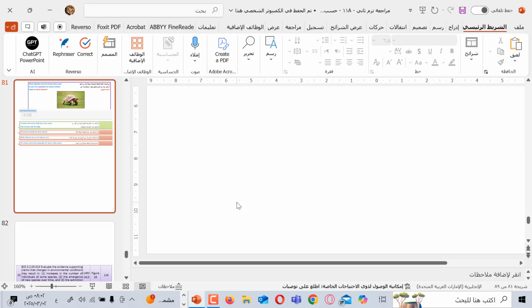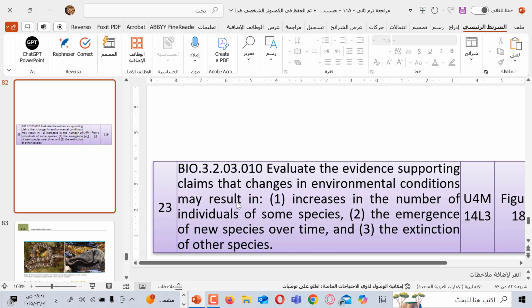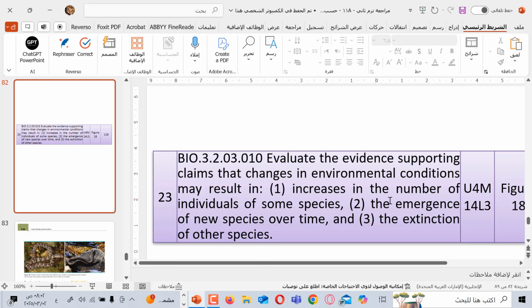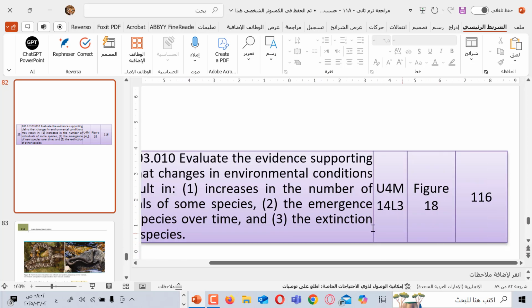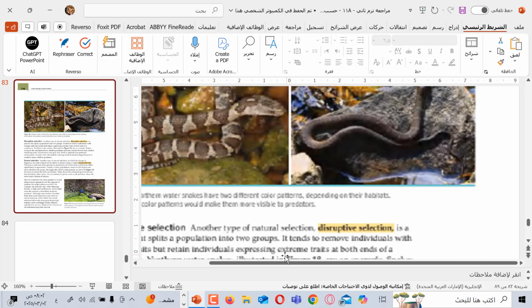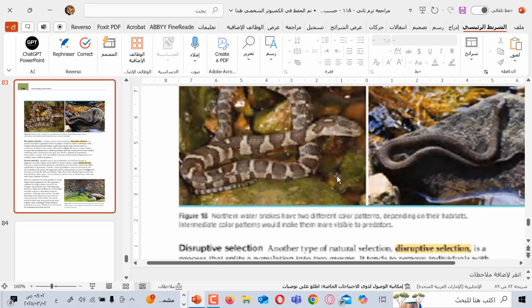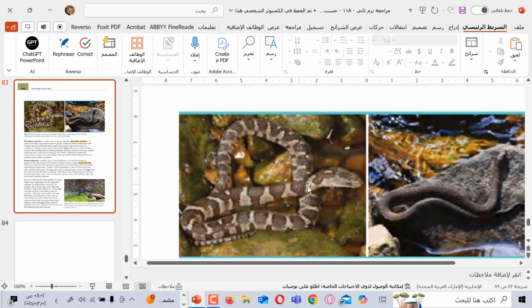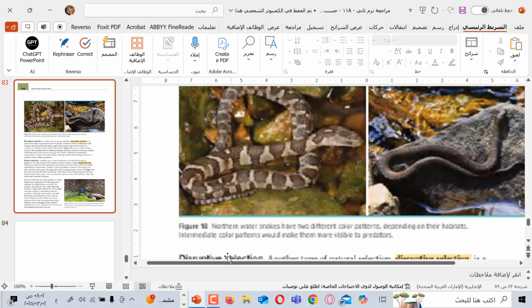Another page. It's question 23, and this is the last page, I think. Figure 18, page 160. Okay, this page and these snakes, which study the kind of natural selection called disruptive selection.